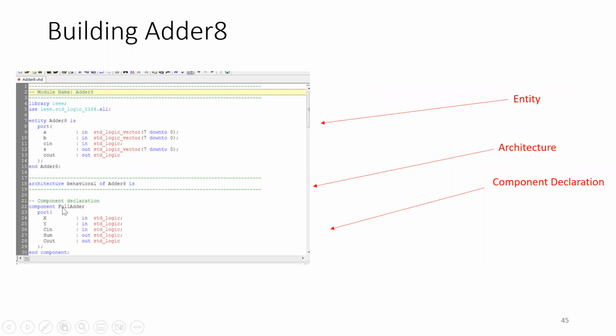My component is the other program that exists in another separate file, but under the same folder. The folder name is Adder8, because this is my main program. So the folder name and this file name will be Adder8.